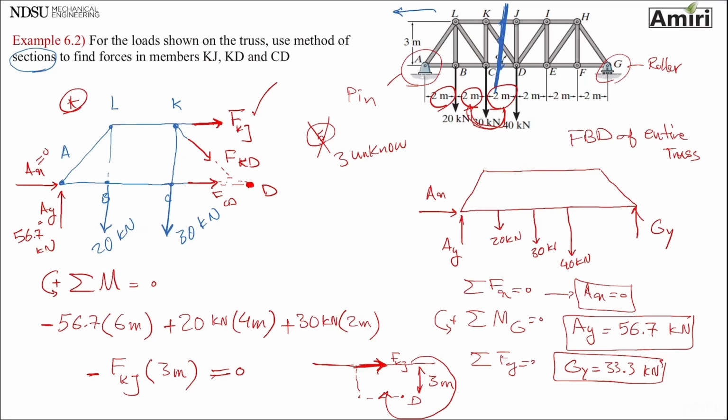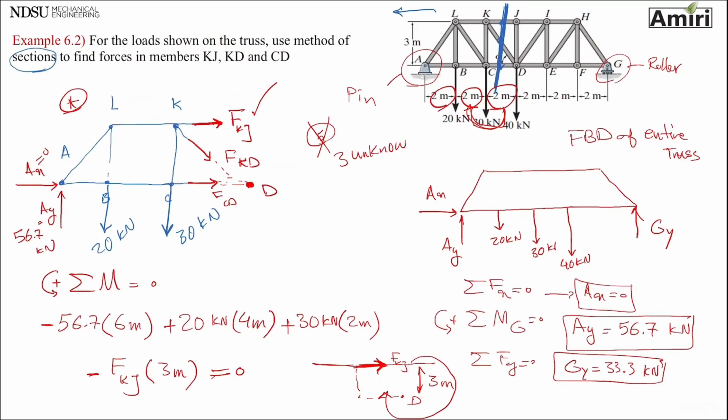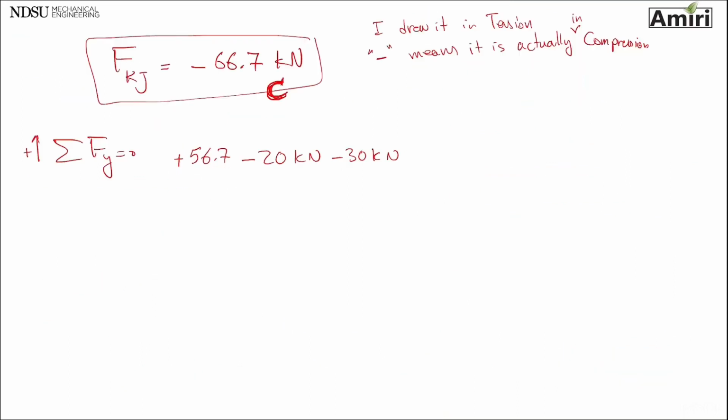Let's do sigma forces in y direction. Summation of forces in y direction is 0. I have a 56.7 pointing up. I have a minus 20. I have a minus 30. I have the y direction of FKD. So FKD is like this: how much is coming down? 3.